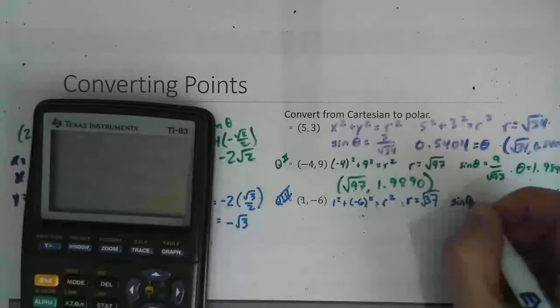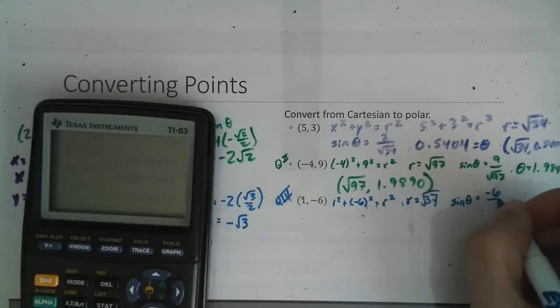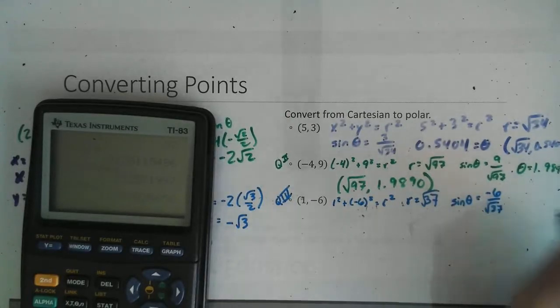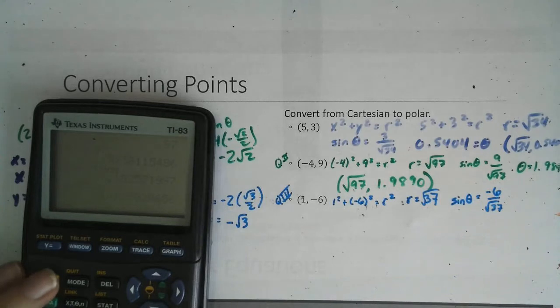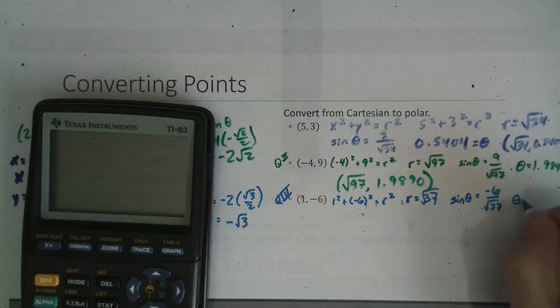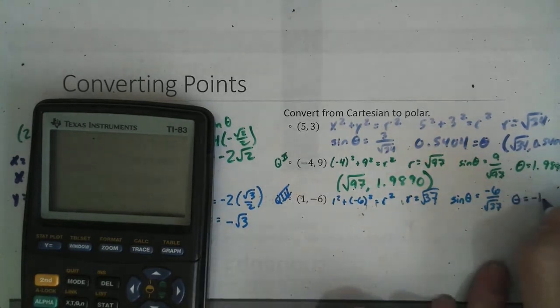So if we use sine, we get the sine of theta is equal to negative 6 over the square root of 37. The inverse sine of negative 6 over the square root of 37 tells us that theta is equal to negative 1.4056.